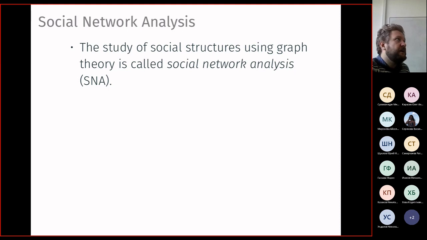It is an undirected graph without loops and without parallel edges. Between two members of the social network, there could be at most one friendship relation. You cannot be twice a friend of another one. Also, loops are probably not allowed because a person is not considered a friend of himself.